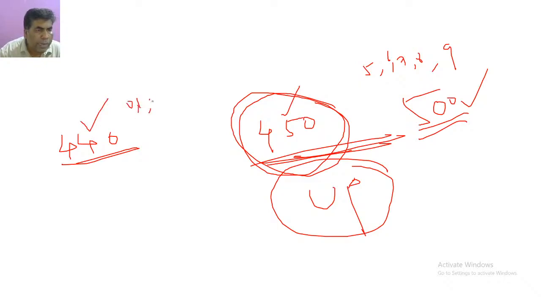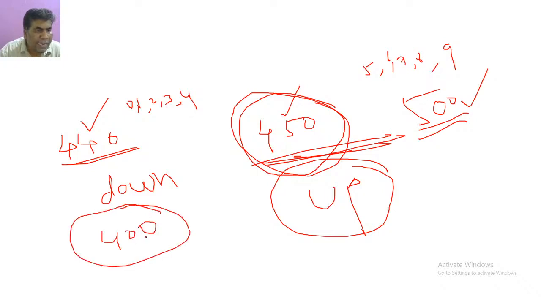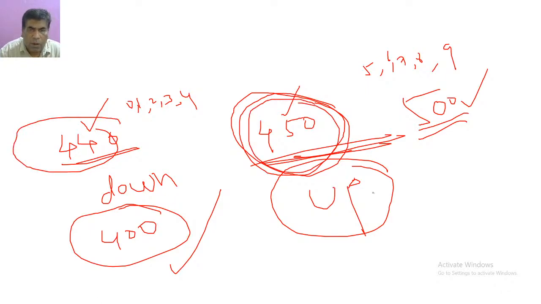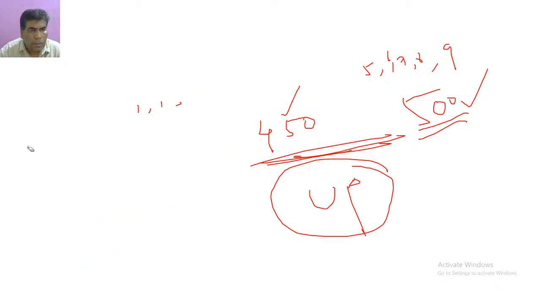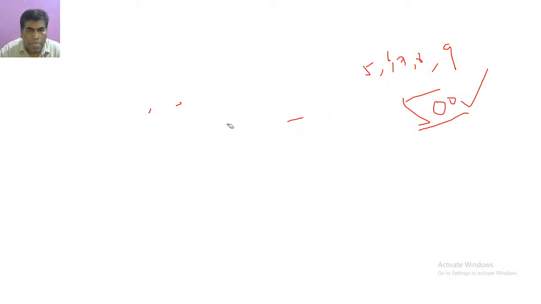If we have 0, 1, 2, 3, or 4 in the units place, then you have to round down. So for 440, 400 is the right answer, but for 450, 500 is the right answer. This is about rounding off to the nearest 100 and nearest 10.